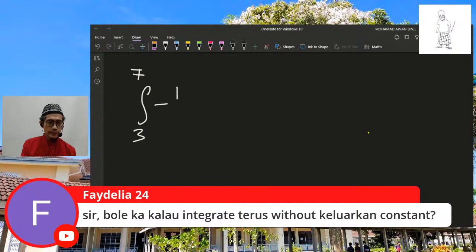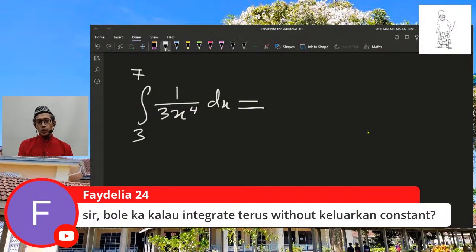Okay, so if you don't want to take the 3 out, no problem.